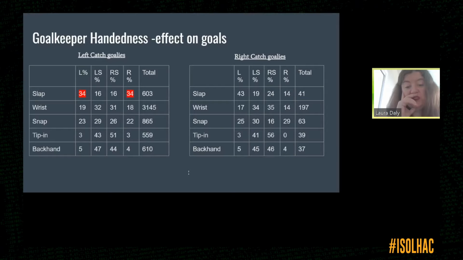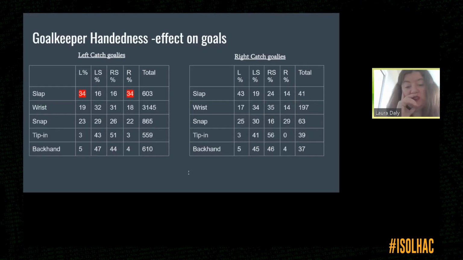As you can see, from the slot area we had quite a significant positive above that, and for the wide angle slightly less, which again is what you would really expect to see. So I didn't see a huge amount of effect from the goalie handedness. There does seem to be a small amount of bias on the right-hand side of the rink for left catch goalies, but not anything hugely striking.